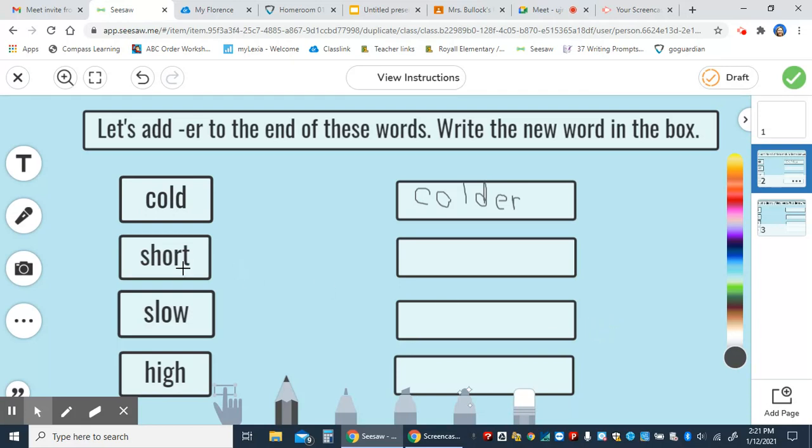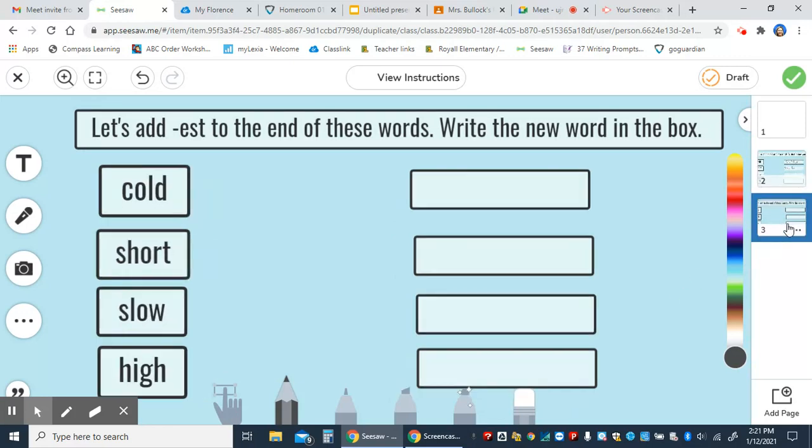All right, let's go to the next one. Short. When we write our base word, we don't have to make any changes. And I'm going to make my new word by just adding the ending ER. Shorter. Then you're going to do it for slow and high.